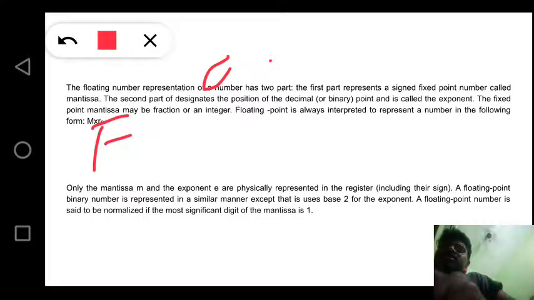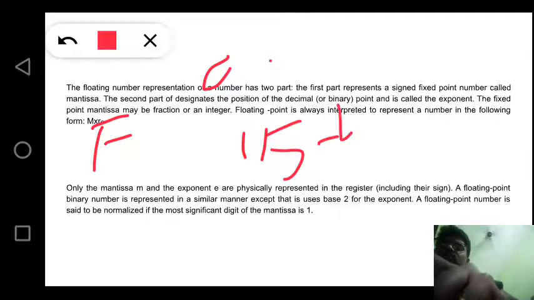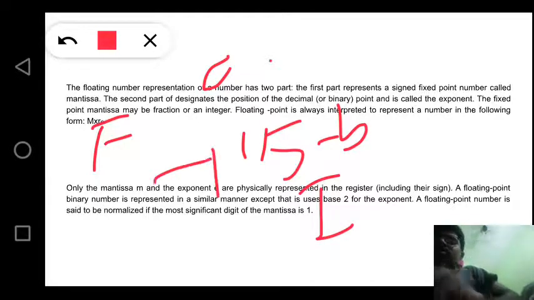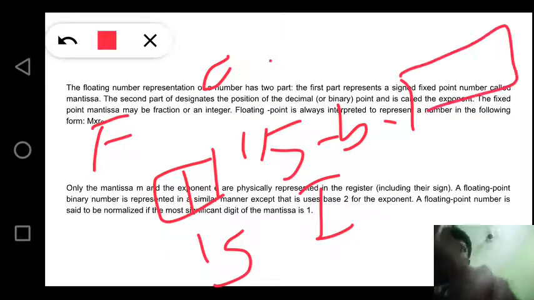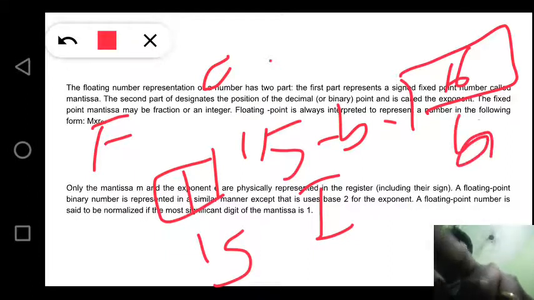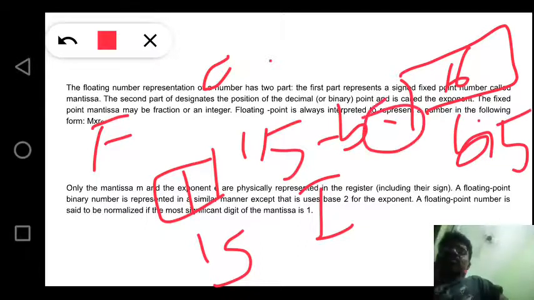So in case of fixed point you can say that 15 bits are stored for the integer part, 1 bit for the sign bit. After the decimal point starts, then comes the fractional part, 16 bits. But in floating point, the position of the decimal point or binary point is nowhere fixed.